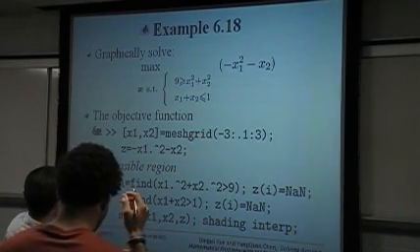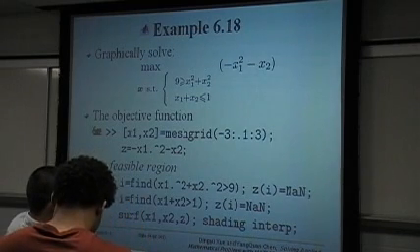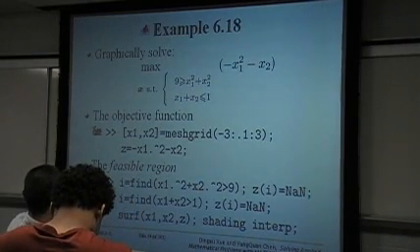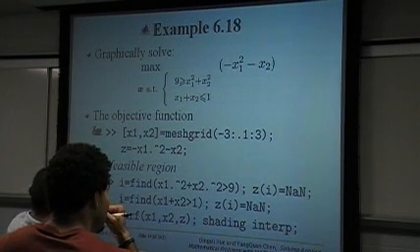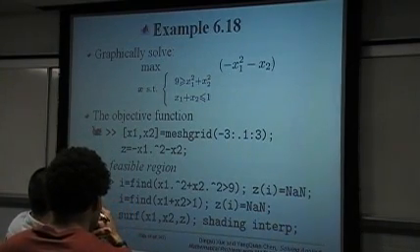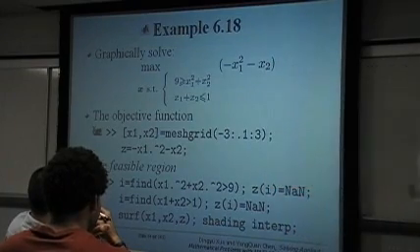For this example, we can select a certain region, for instance x from -3 to 3 and y from -3 to 3, a square region, and find the objective function value for all the points in this region.